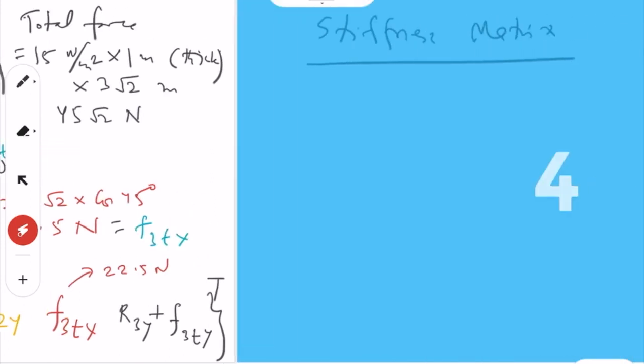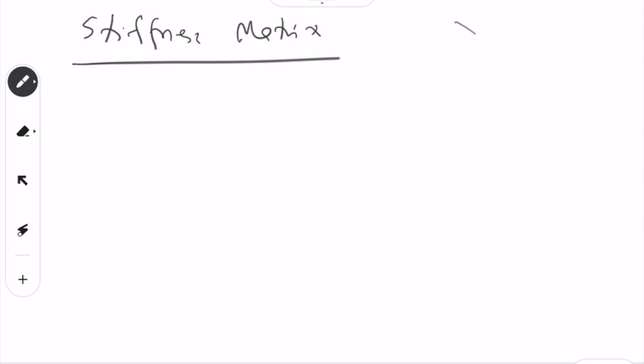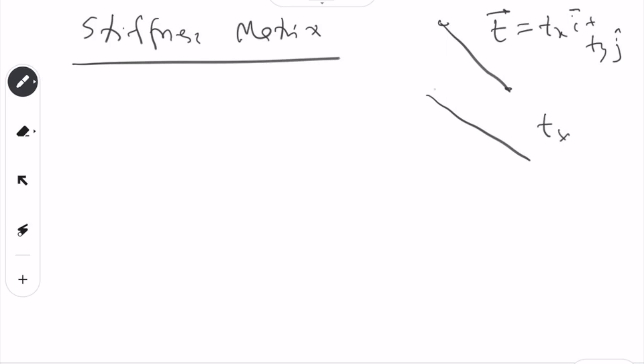So let us say we had T, which is given by Tx i plus Ty j. At one time just look at how the Tx is distributed, and then you do the integration with ni along, let us say, the s direction.